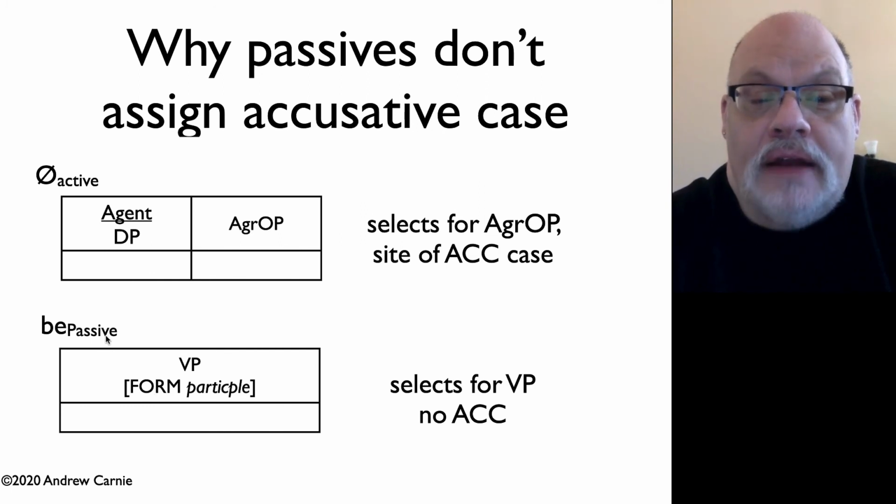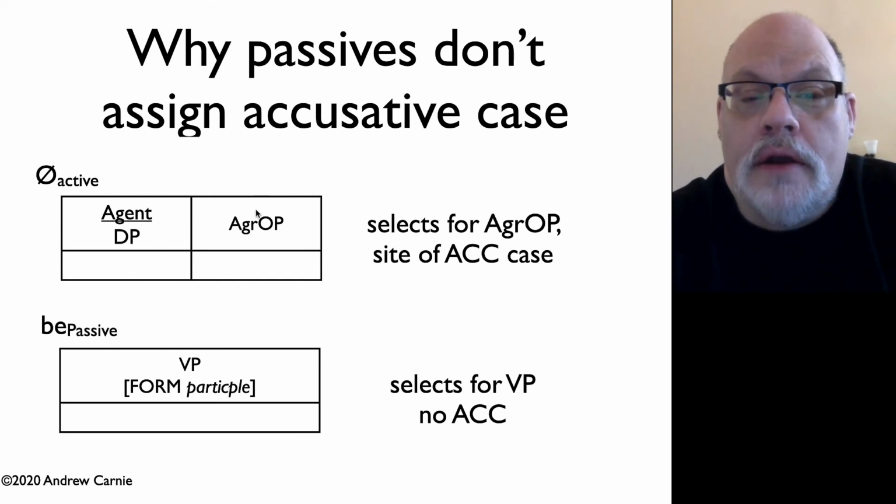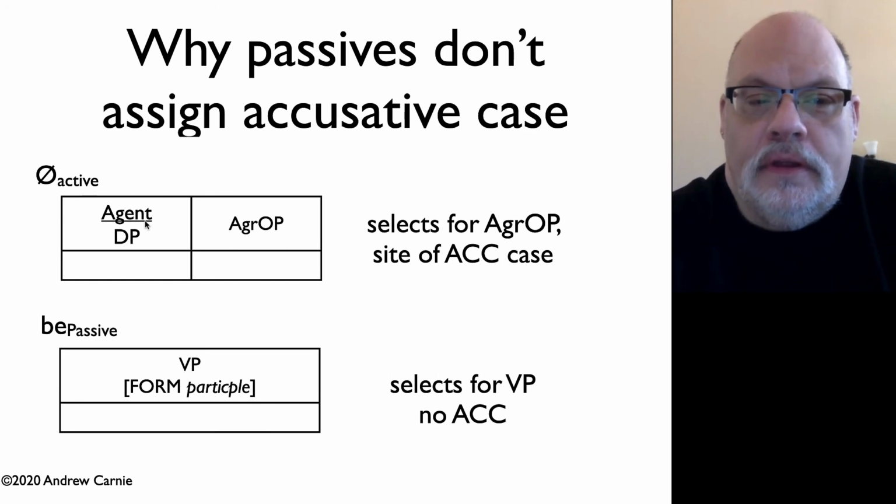So here's that analysis. We're going to claim that active verbs, which introduce an agent into their specifier, require that the following element be an AgrOP. So it selects for and chooses an AgrOP explicitly. That's the active form. This particular configuration has a name.